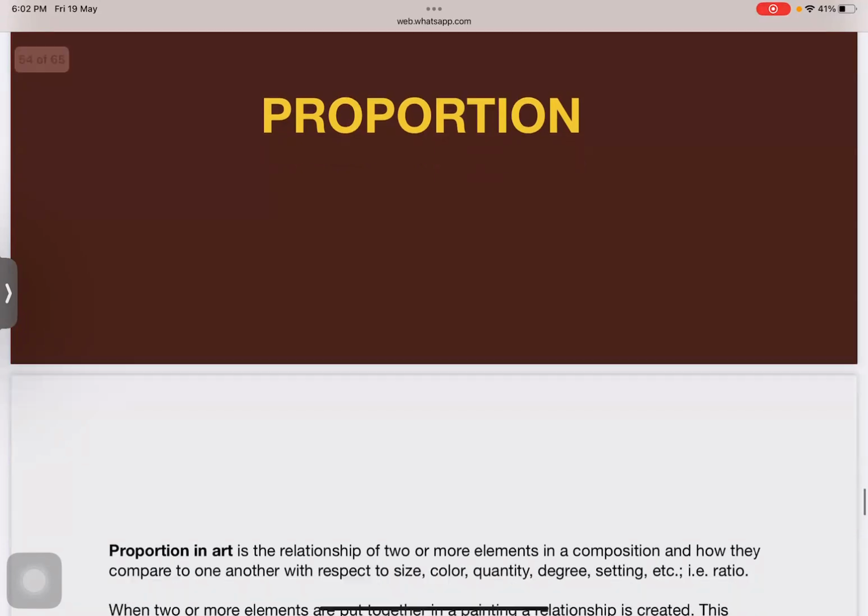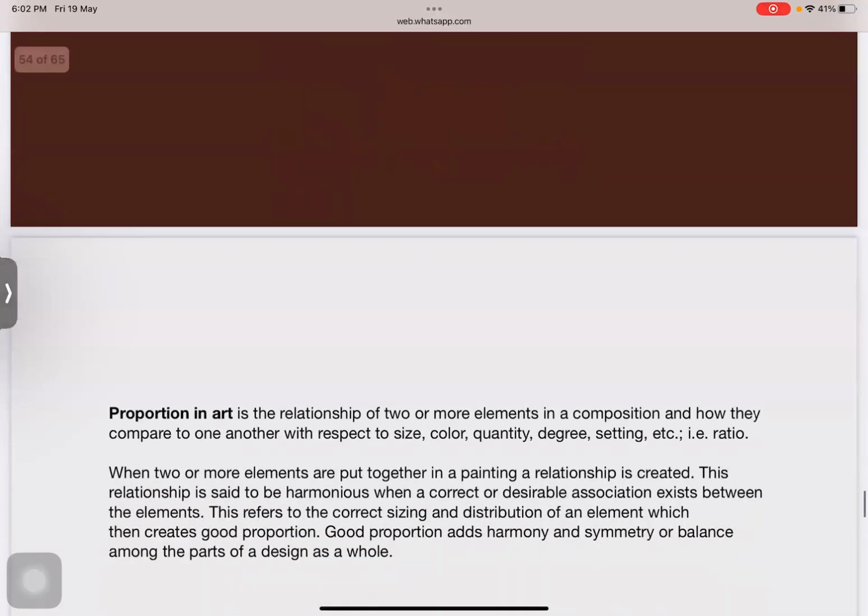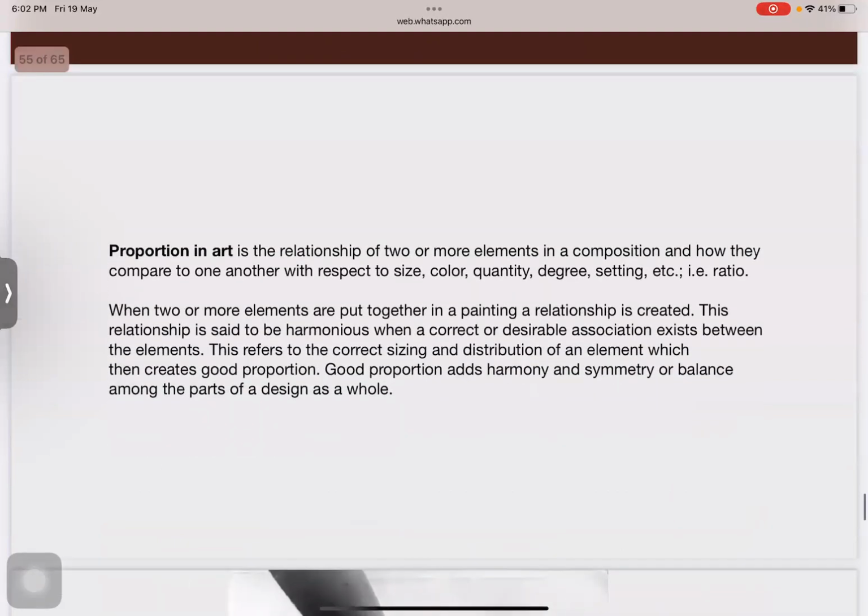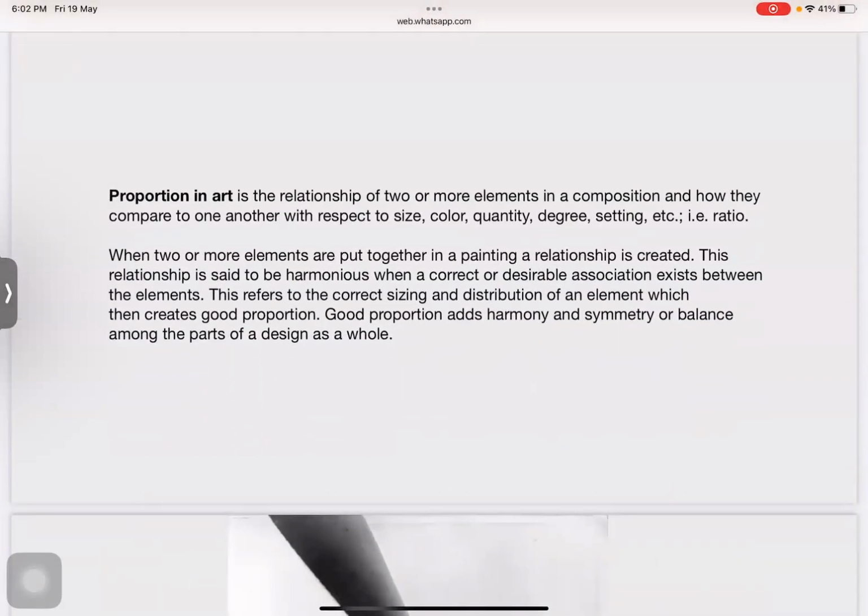So proportion in art is the relationship of two or more elements in a composition and how they compare to one another with respect to size, color, quantity, degree, setting, etc. That is ratio. When two or more elements are put together in a painting or any composition, a relationship is created.